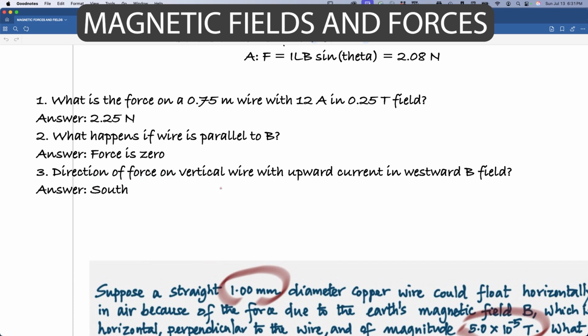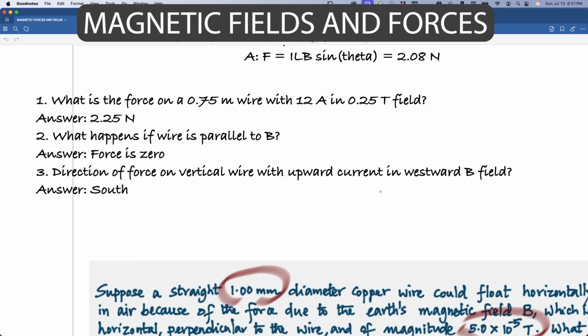And this is another chance for you to look at this conceptual question. What's the direction of force on a vertical wire with upward current in a westward B field? Okay. So the palm represents the magnetic field. So now take your right hand and the palm should be pointing from your right to the left. Good?